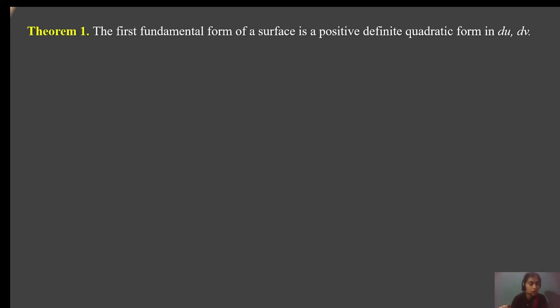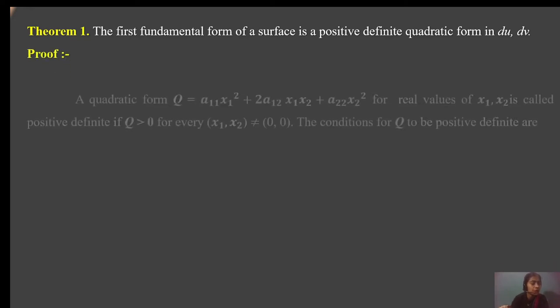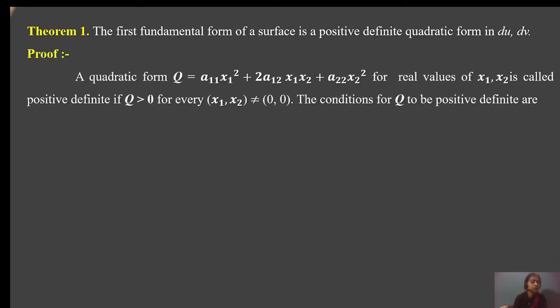Let us go to the theorem. The first fundamental form of a surface is a positive definite quadratic form in du and dv. Proof: the quadratic form q equals a11 x1 square plus 2 a12 x1 x2 plus a22 x2 square, for real values of x1 and x2, is called a positive definite form if q is always greater than 0 for every point (x1, x2) not equal to 0.